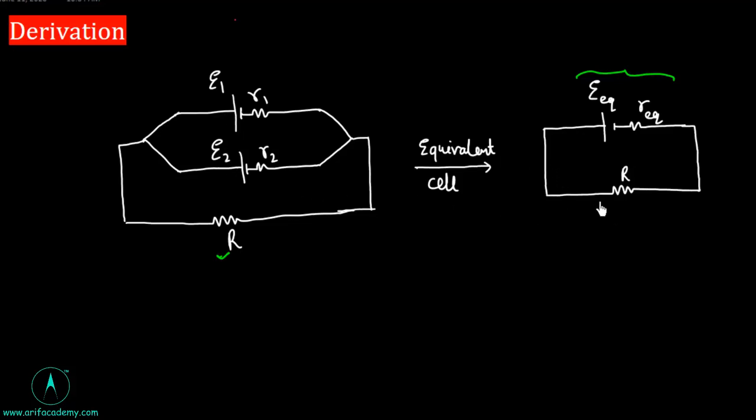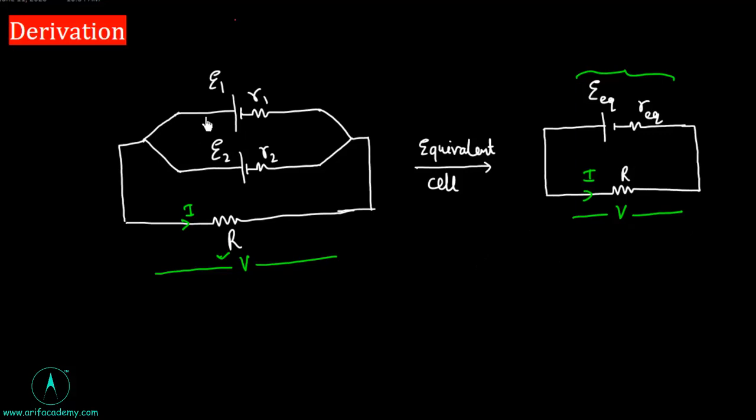If this external load takes the same current that it obtains from the group of two cells, then in every respect this single cell will be equivalent to these two cells, because the same current flows through the resistor in that case and in that case also. So the potential difference across the load resistor in the first case and in the second case will be the same.